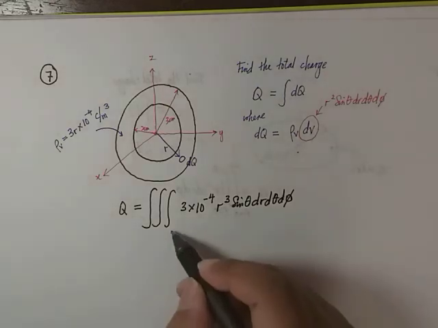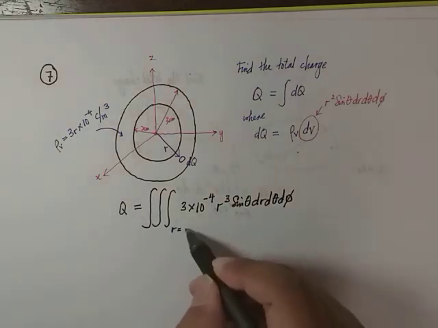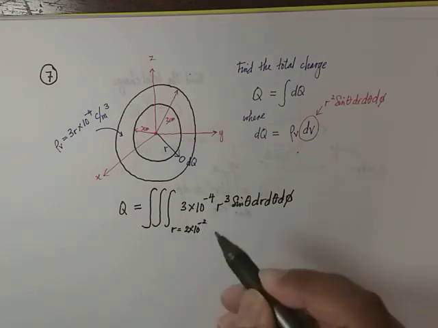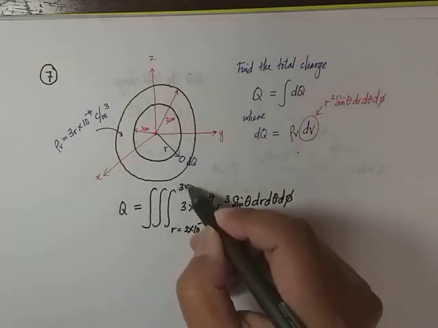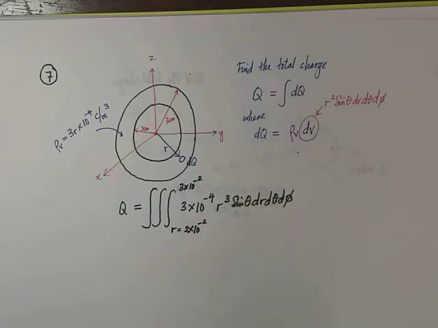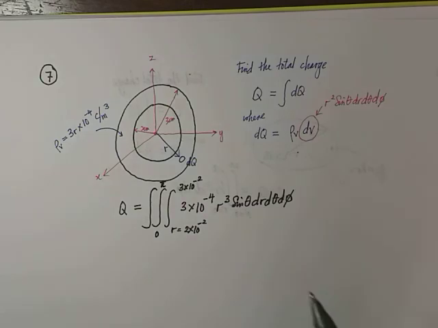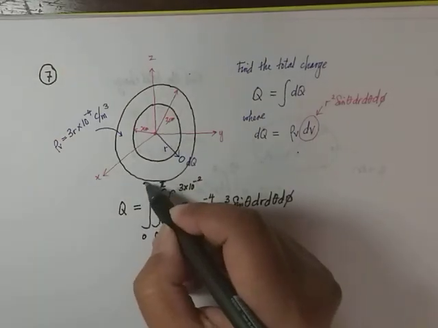So r is from 2 centimeter, which I'm going to change into meter now, to 3 centimeter. Theta is from 0 to pi, because the definition states that. Remember when we defined spherical, I did mention the range for theta should be from 0 to pi, and for phi, 0 to 2 pi.